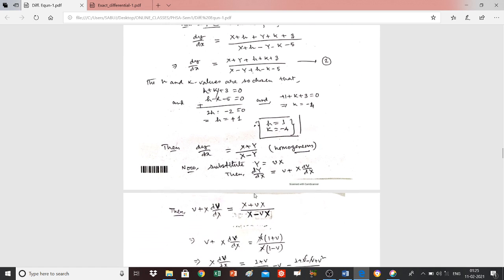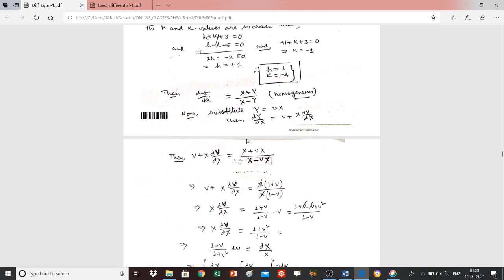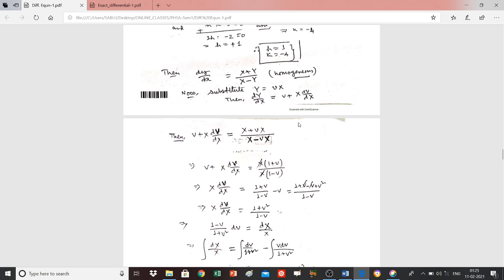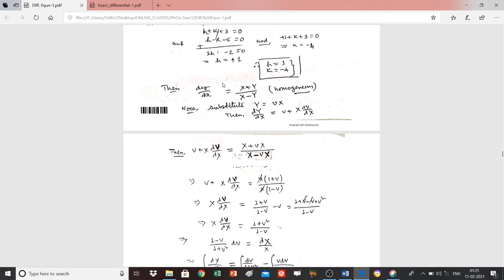To solve this homogeneous equation, you know the substitution: y is equal to vx, where v is also a function of x. From here dy by dx is equal to v plus x dv by dx. All of these are capital X and capital Y. If you substitute the values of y and x by capital Y and capital X, then dy by dx should also give you capital dY by dX.